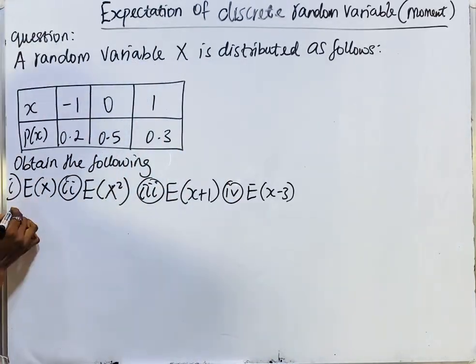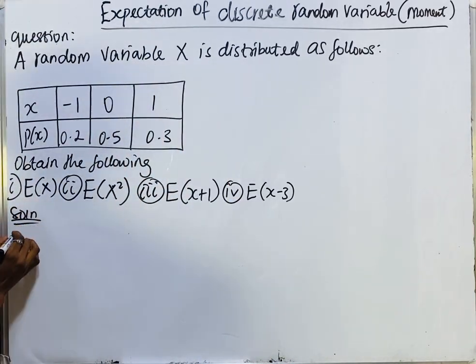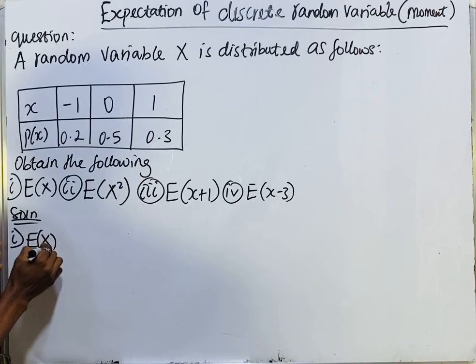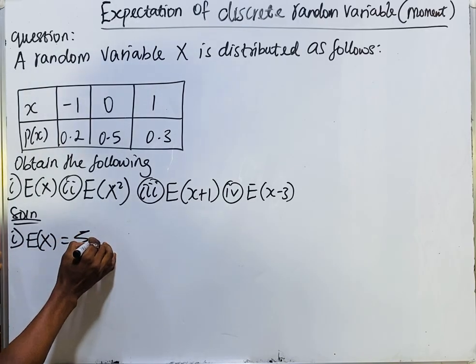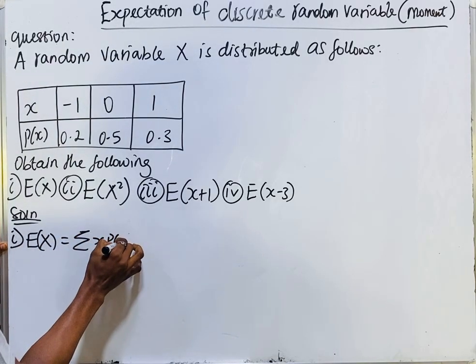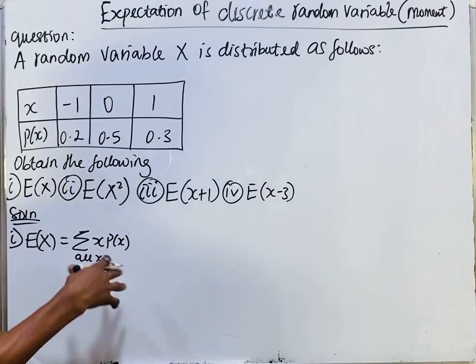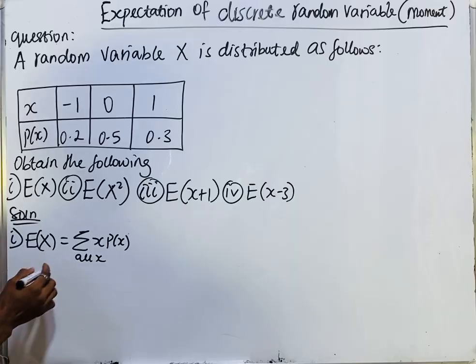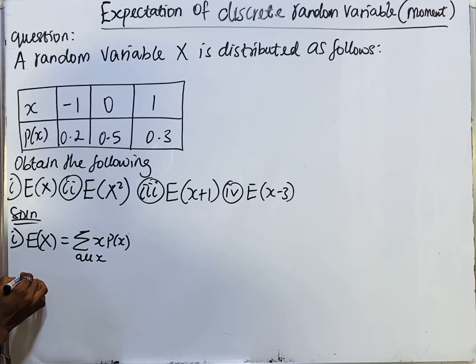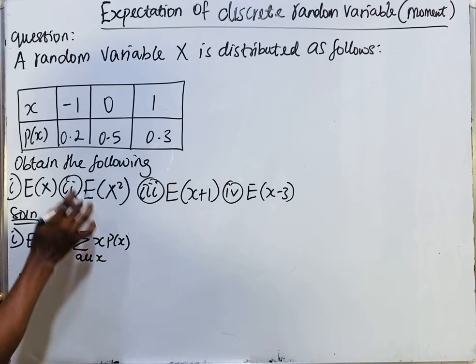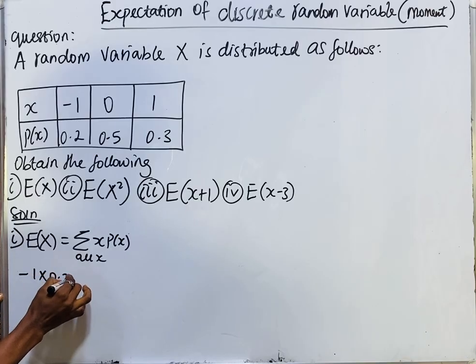So we write our solution. Now expectation of x, the formula is given as summation of x times p of x, and sum over all the x. That's it. So we're going to have x, which is -1, times p of x, which is 0.2, right?